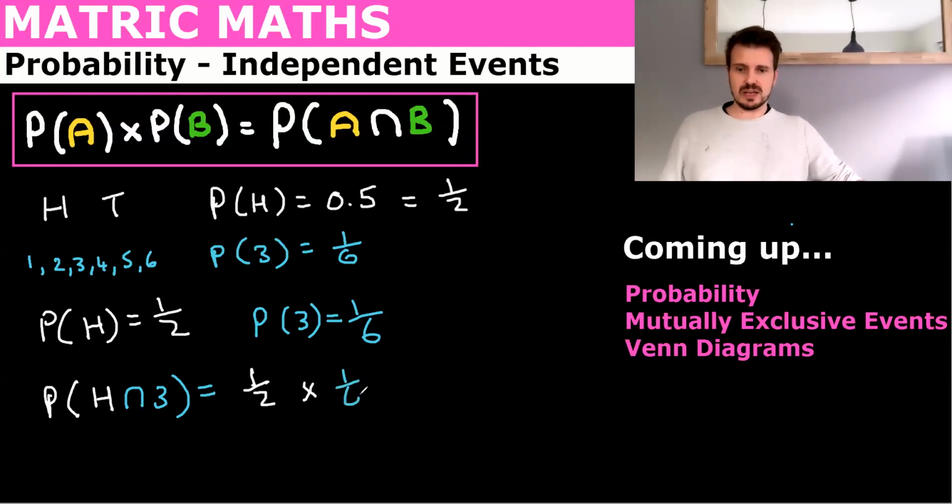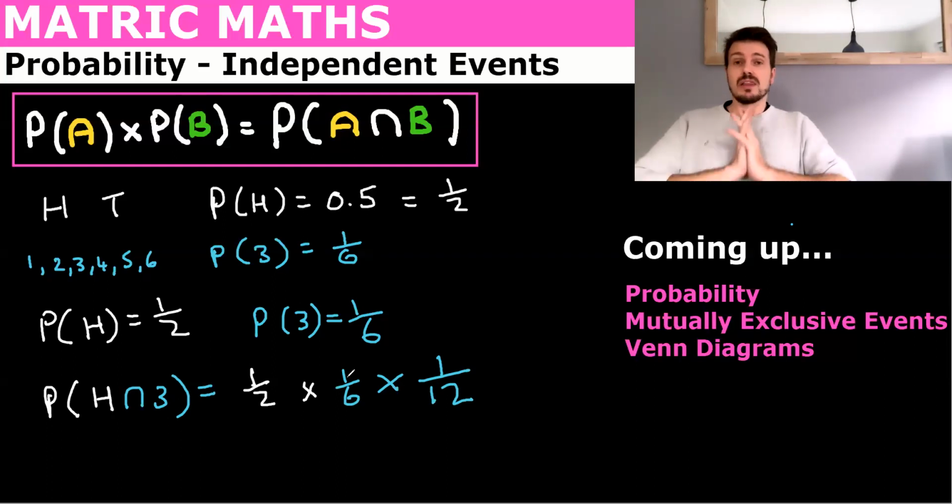So when you get independent events, the probability of them both happening is you multiply them together. You can even say this with, say, you throw 2 coins in a row. The probability of throwing 2 heads in a row is a half times a half, which is 0.25. So that's independent events.